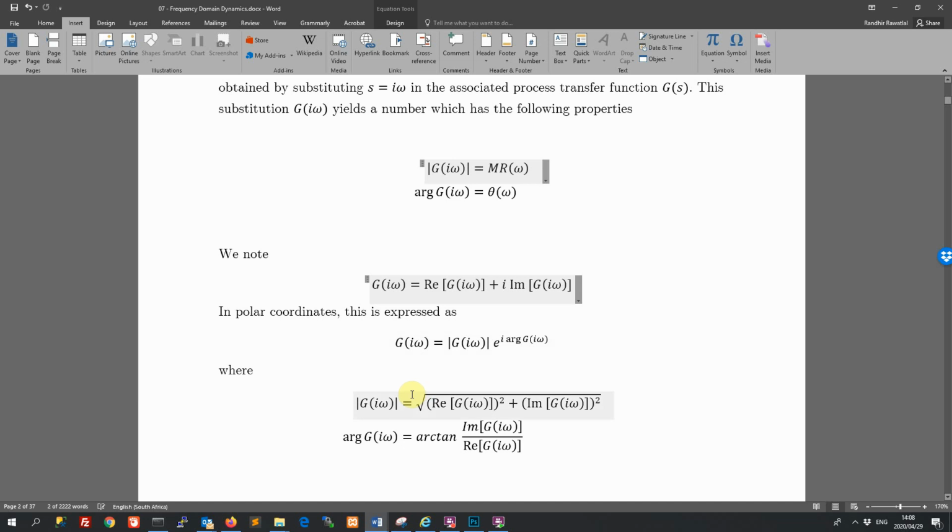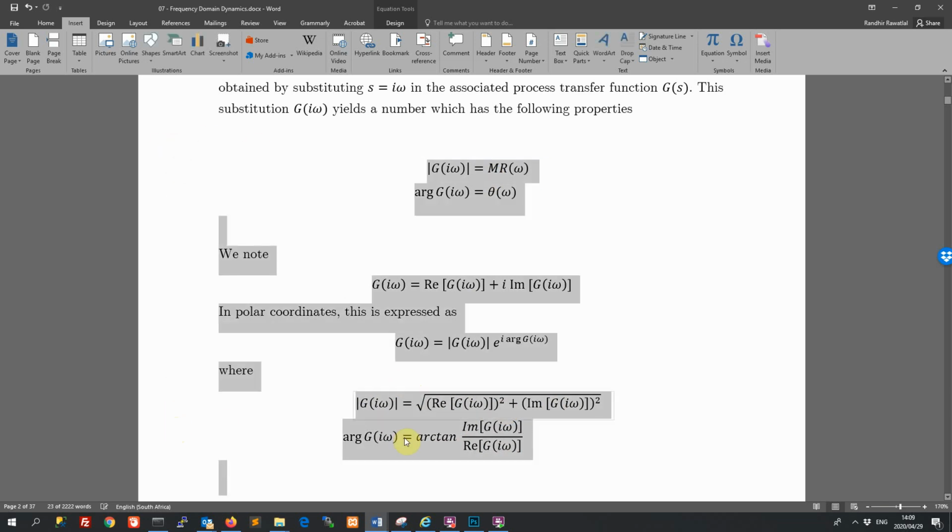And we can, of course, evaluate the magnitude of G of i omega as the square root of the sum of the squares of the real and imaginary parts. Then, of course, the angle likewise can be estimated as the arctan of the imaginary part divided by the real part. So all this is not yet getting into the theorem. These are all just reminders about the nature of complex numbers.